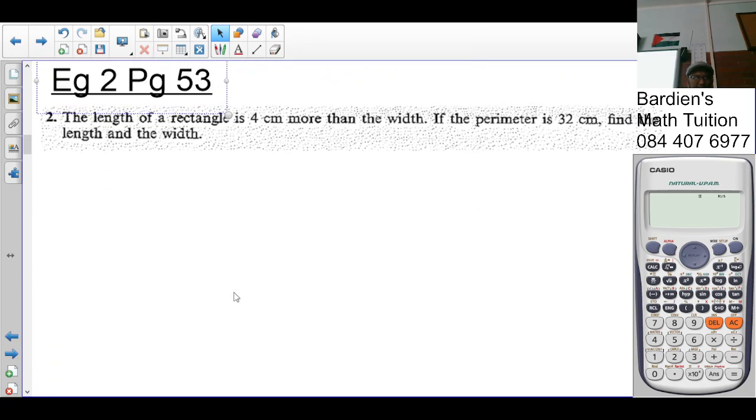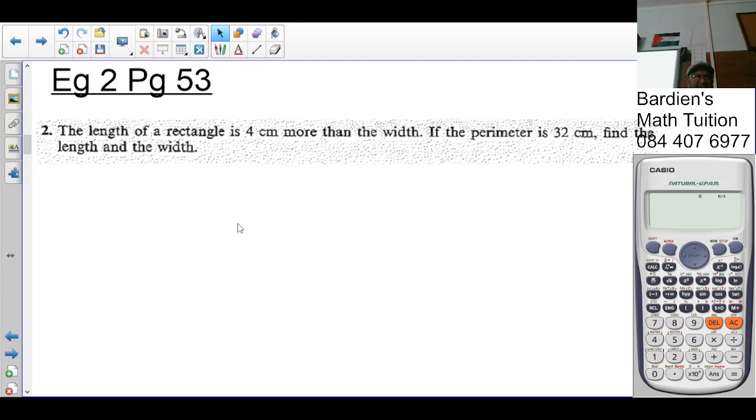Okay. So here we are told the length of a rectangle is 4 more than the width. If the perimeter is 32, find the length and the width. Right, so if I'm here, I would draw the rectangle.